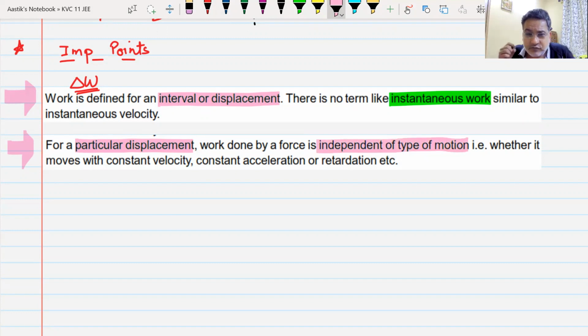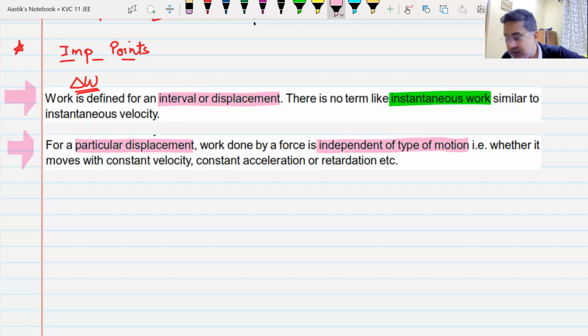The body may move with constant velocity, the body may move with constant acceleration, the body may move sometimes, rest sometimes, then move, then rest. For a given displacement, work done does not depend on the type of motion.